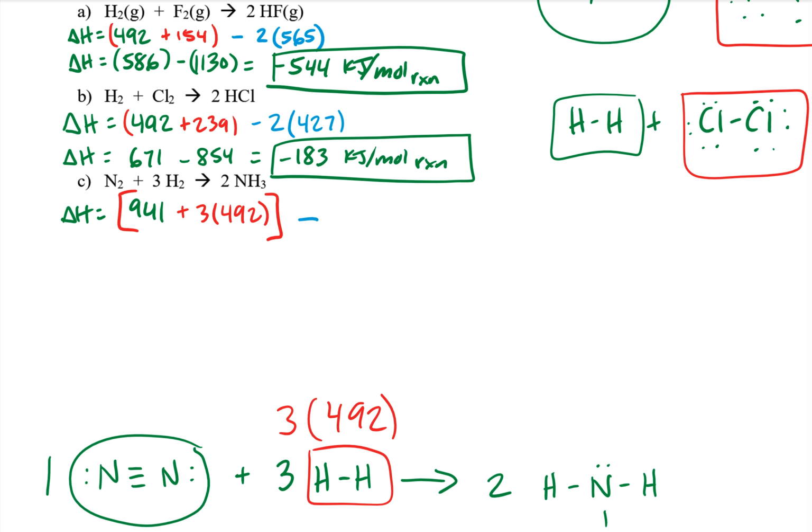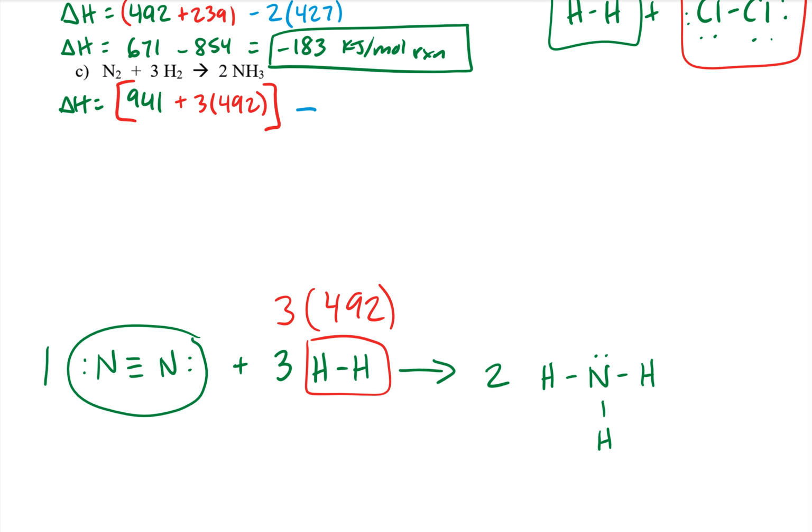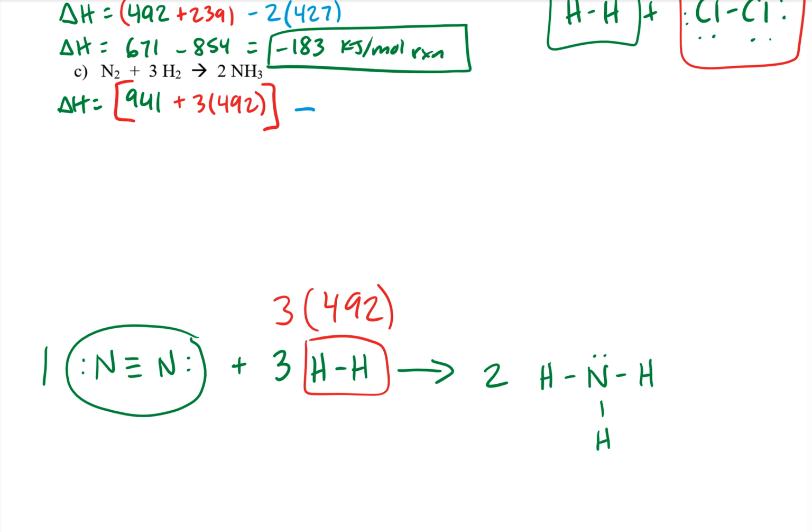Subtract out your bonds being made. This is why you need to draw Lewis structures. I see I have 1, 2, 3 nitrogen to hydrogen bonds here. But this coefficient of 2 means I have 2 times 3 nitrogen to hydrogen bonds.